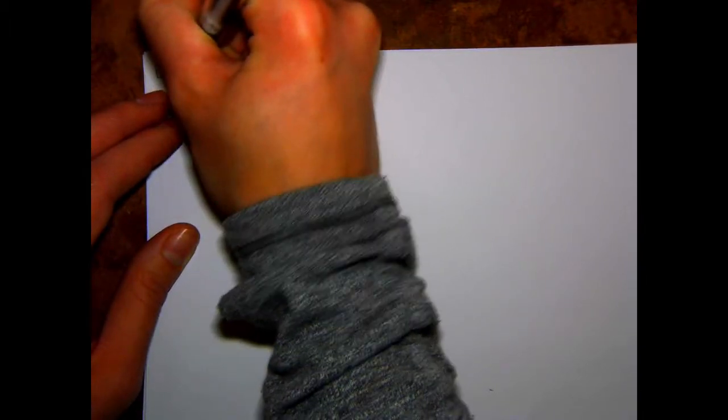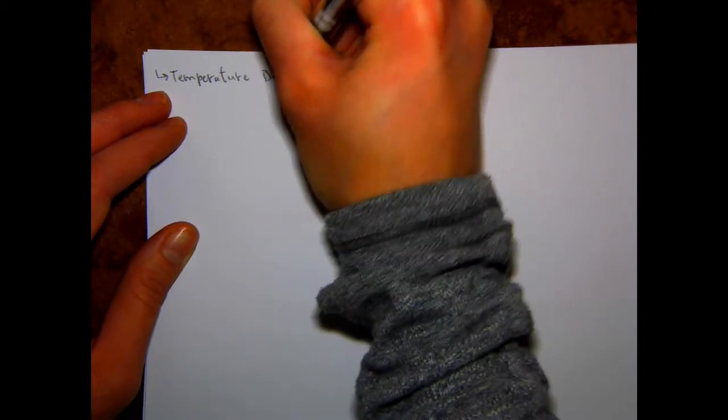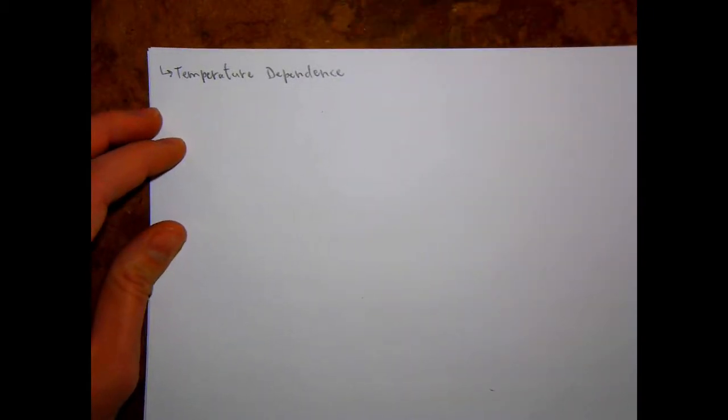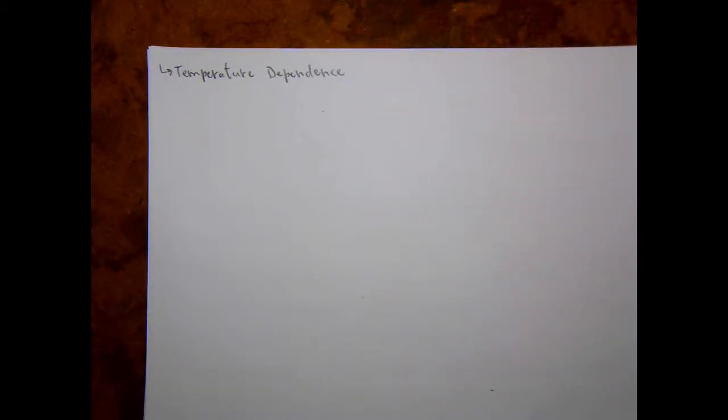Let's talk about temperature dependence of the fluid properties. So we said for internal flow, we typically evaluate the fluid properties at the mean temperature of the fluid inside the pipe, as opposed to external flow, where it's the film temperature. But for liquids, the viscosity typically changes significantly with even small changes in temperature.